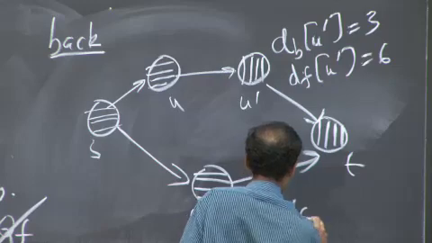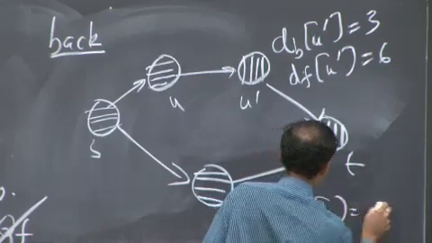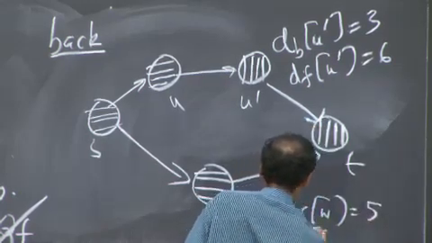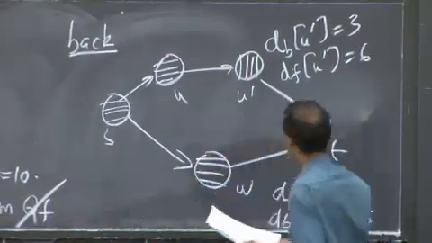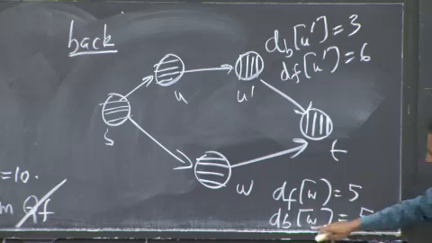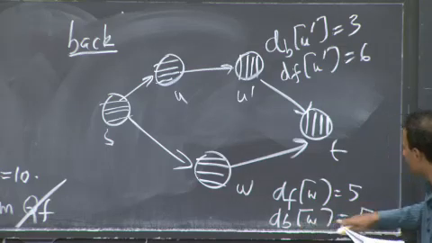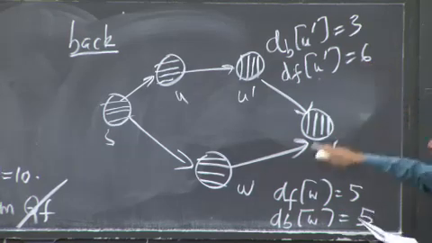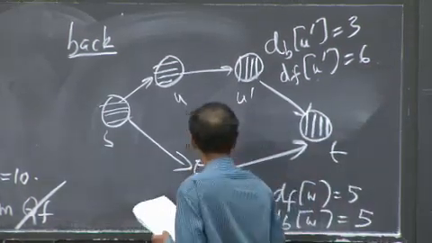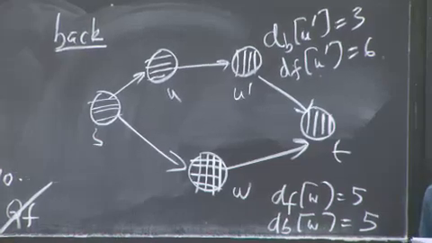This was dF of w equals 5, dB of w equals 5, and so on and so forth. Again, you compare w, and you see that dB of w equals 5, and dF of u prime equals 6. So therefore, you will pick w, OK?